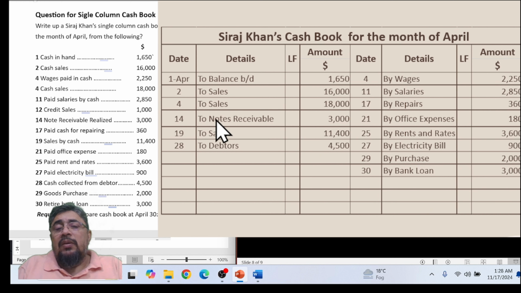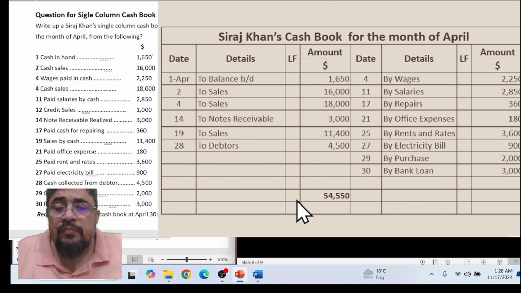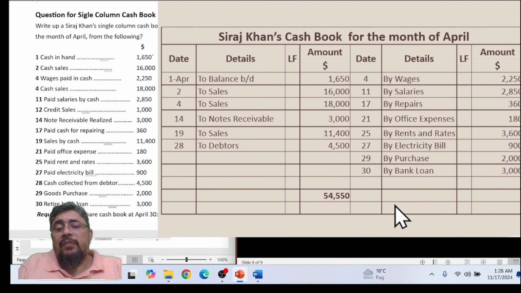So now we will find the result of this month. First of all, we will add our debit total. The debit total is 54,550. So now we will total the credit side.